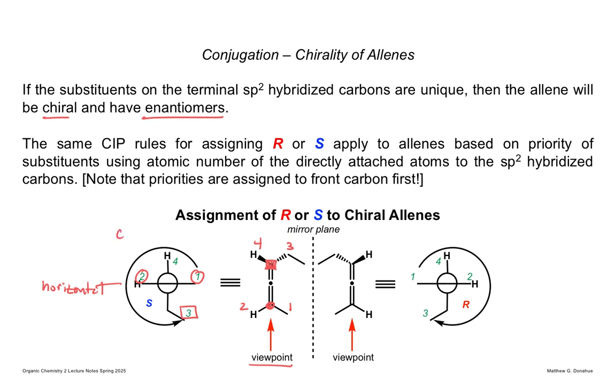Since this is going counterclockwise, it ends up being S. And since the mirror image is the enantiomer, we see 1 to 2 to 3, and so this is going to be R because it's clockwise.